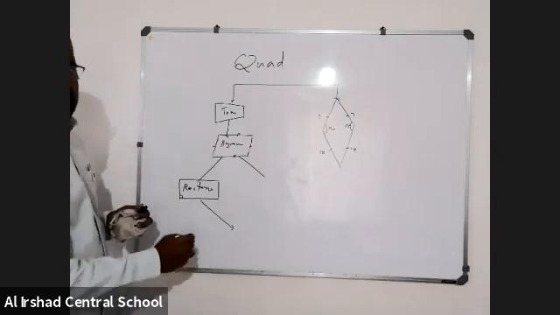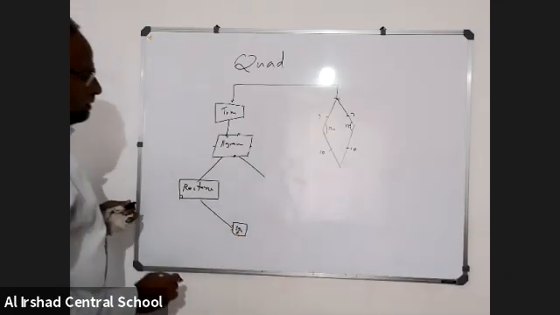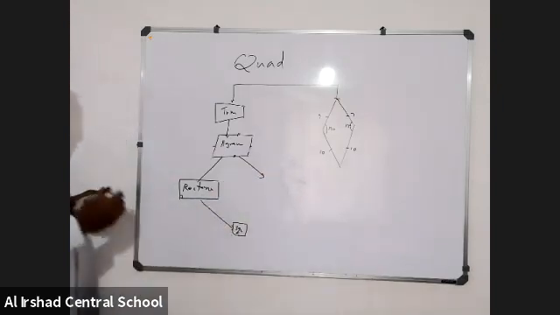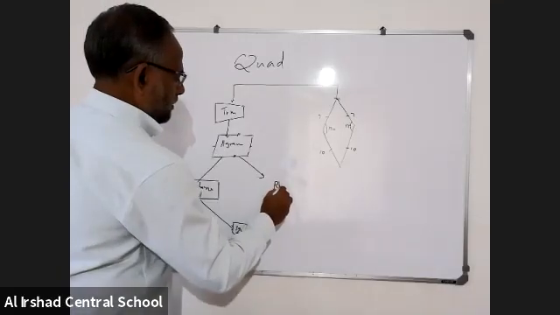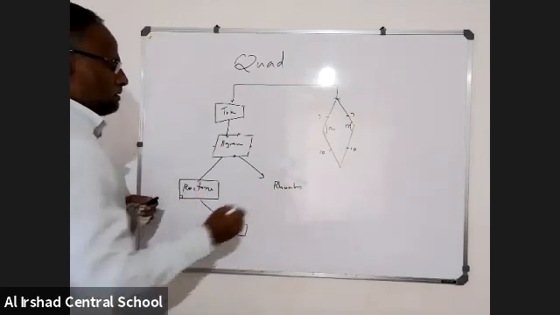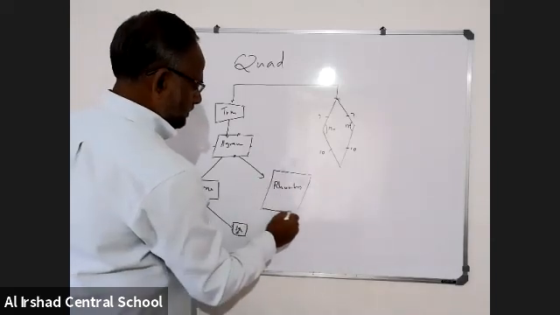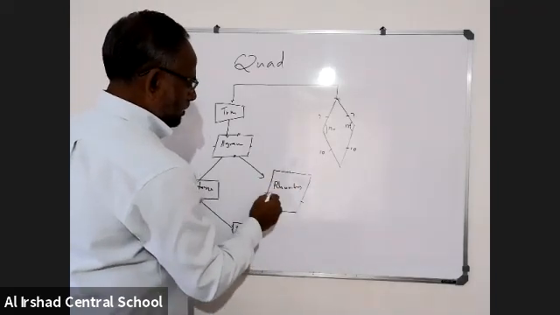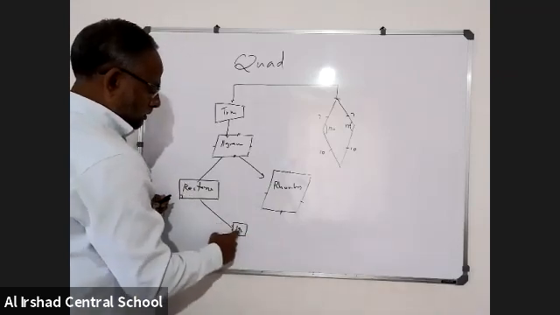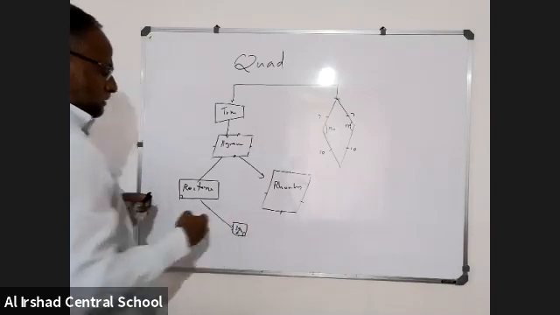Square. Now here, one more is there. Can you tell me who is that? Rhombus. Very good. Rhombus means all sides are equal and parallel. Equal, equal, equal, equal, but 90 degrees here in the square. There is no 90 degree in the rhombus.